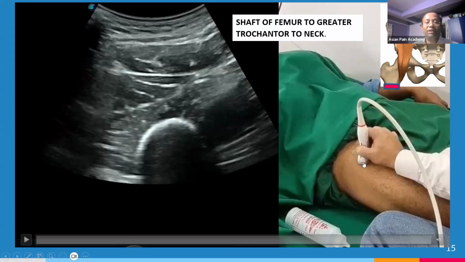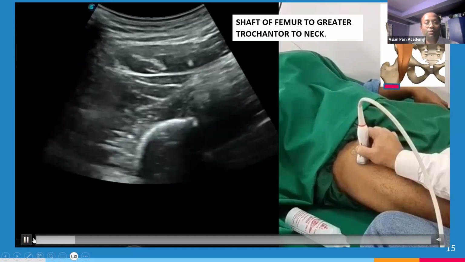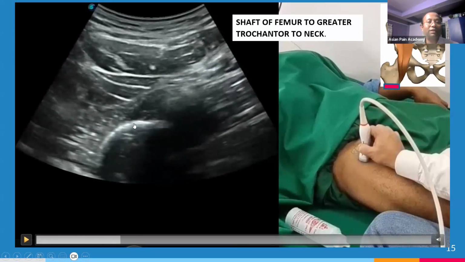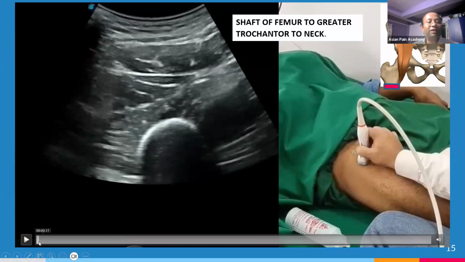So here I am seeing, starting from short axis of femur, and then I will go up to the neck, up to the greater trochanter area basically. So you can see this starting point, this round structure tells you, and much deeper now, round structure is telling you that you are on the shaft of the femur.